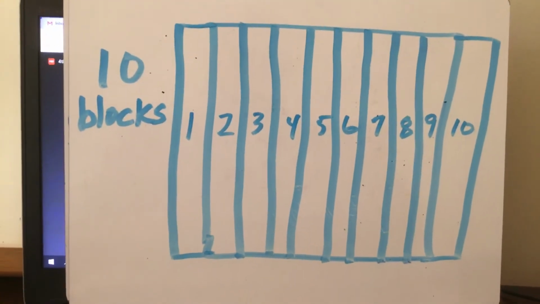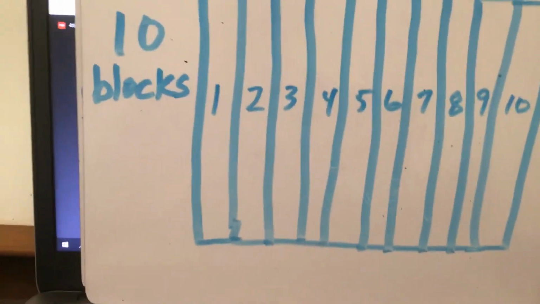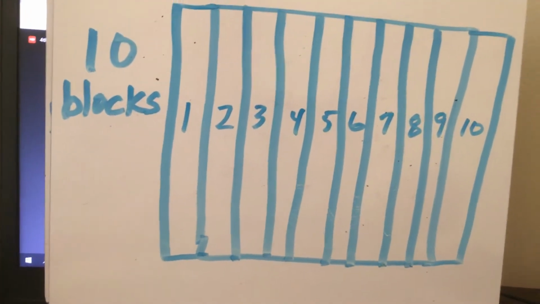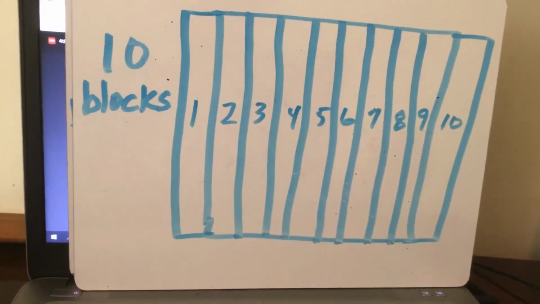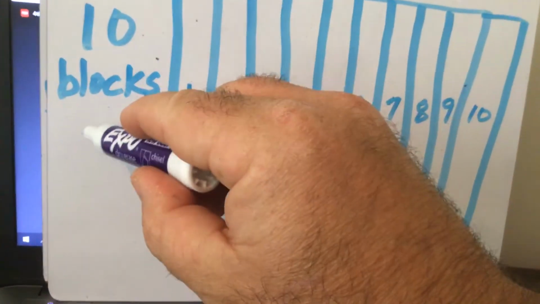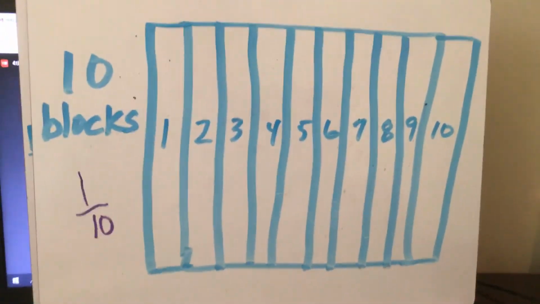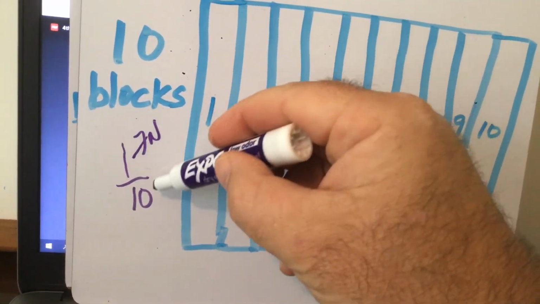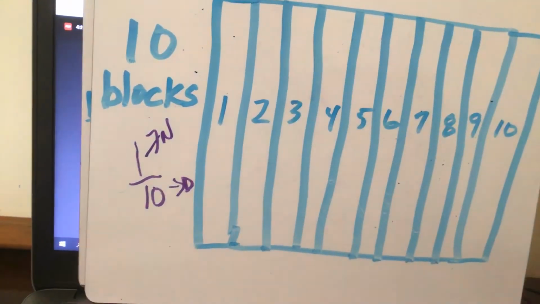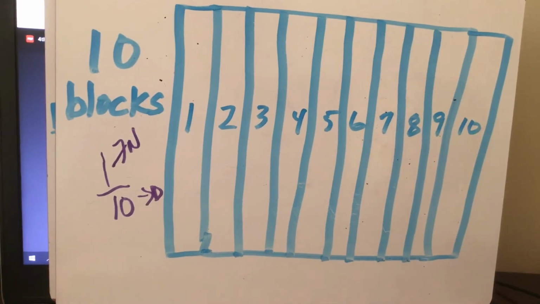So when I give you one of these, I want you to shade in the part of the 10 block that the numerator is showing. So if I have a 10 block and let's say that the fraction is 1/10, the one on the top is the numerator, and this is the denominator. All the denominators are going to be 10 because all the 10 blocks have 10 blocks.